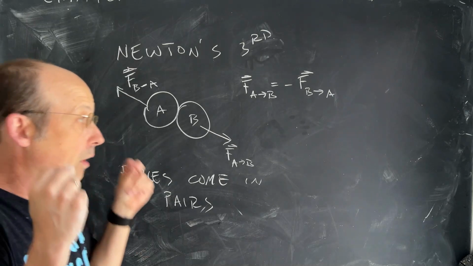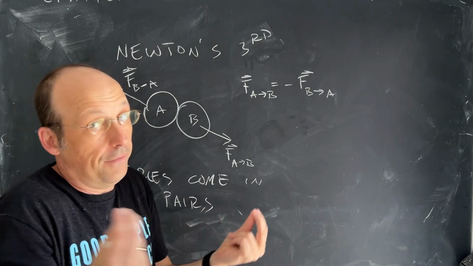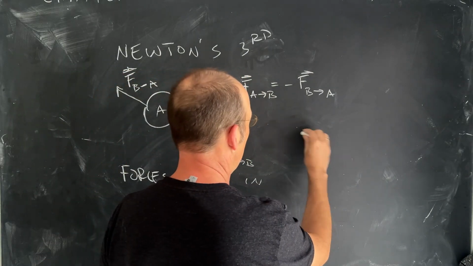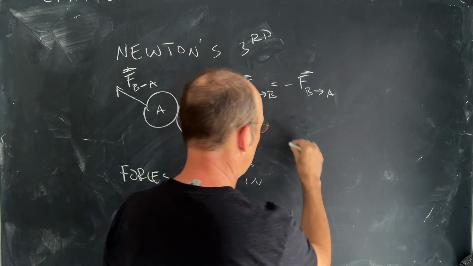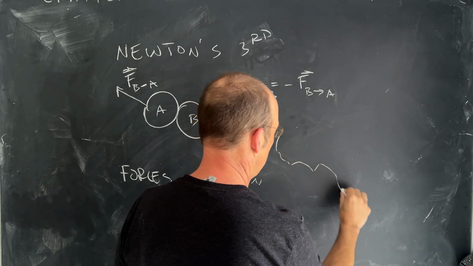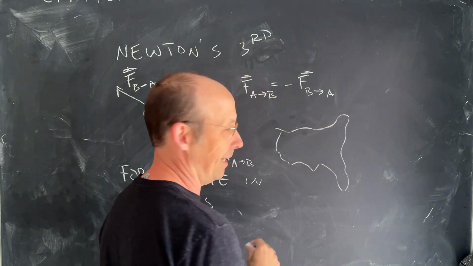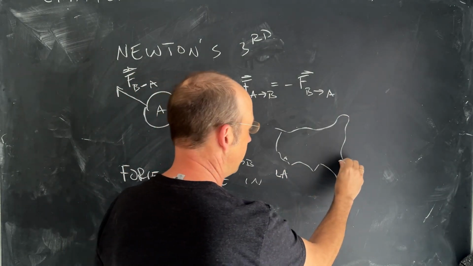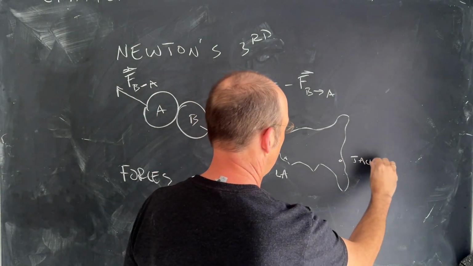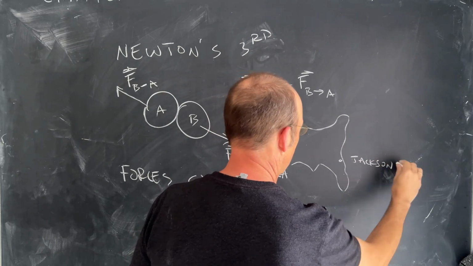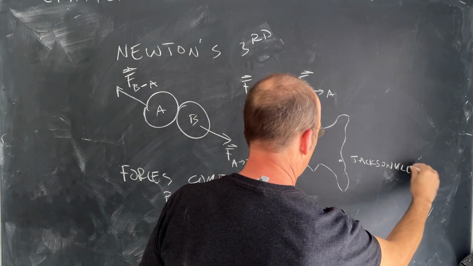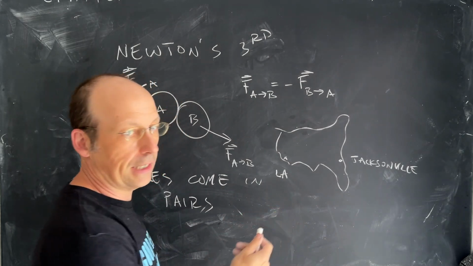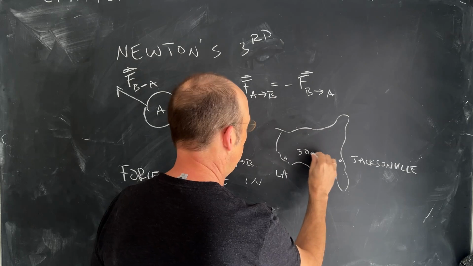That's what that says. Now, we have a version of this that's useful in distance. So suppose that here's the United States. And here's LA. And this is, let's say, Jacksonville. And let's say it's 3,000 miles. I don't even know.